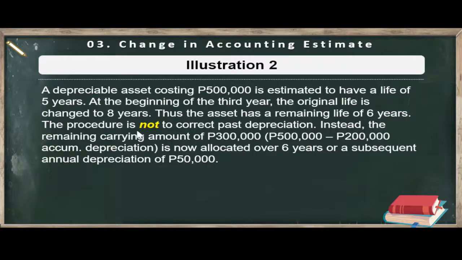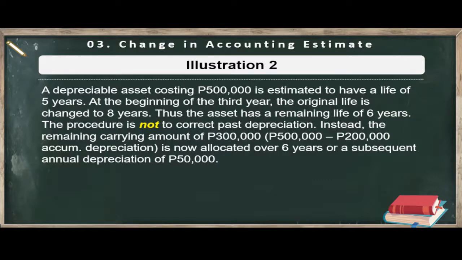The procedure is not to correct the past depreciation. Di ba pag niagi nag-depreciate na ta, pila to 500,000 divided by 5 years, so 100,000 a year ang iyahang depreciation. So therefore, 2 years nga depreciation niya is 200,000.